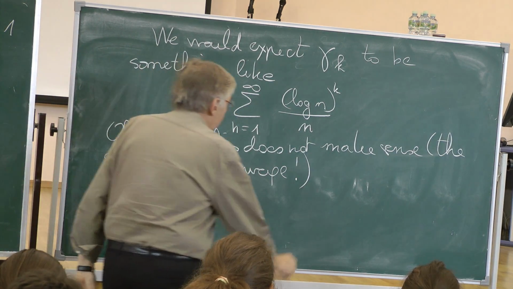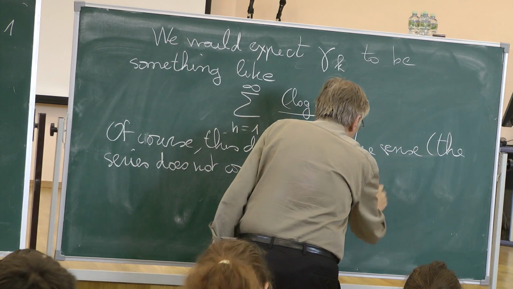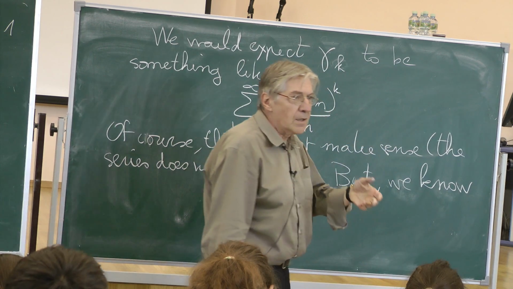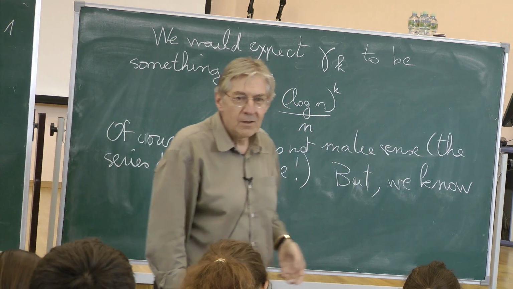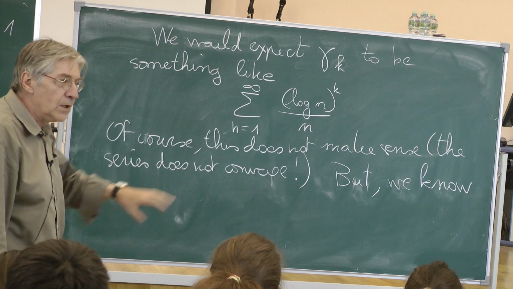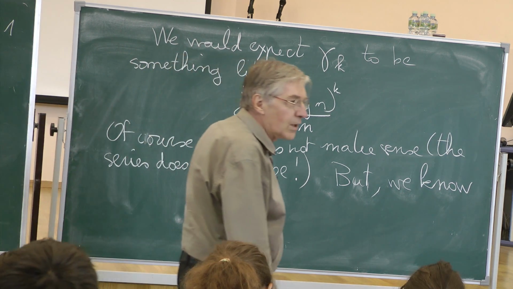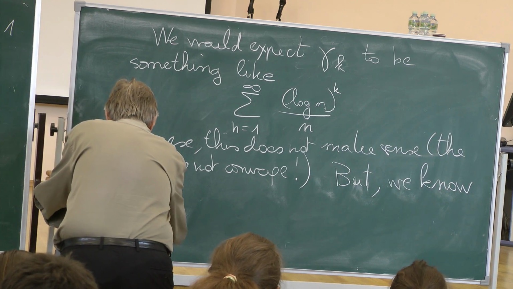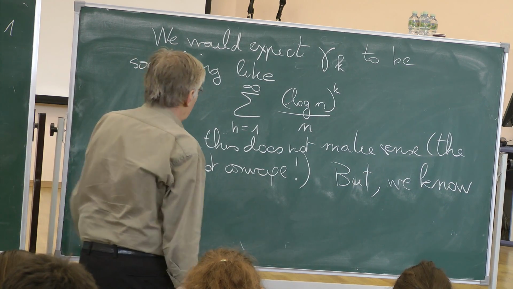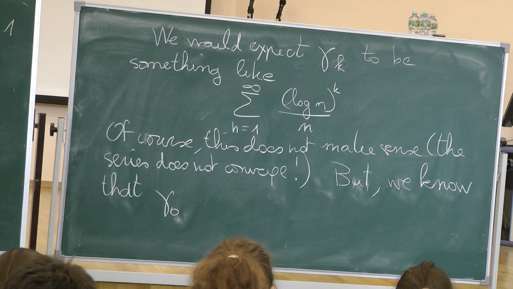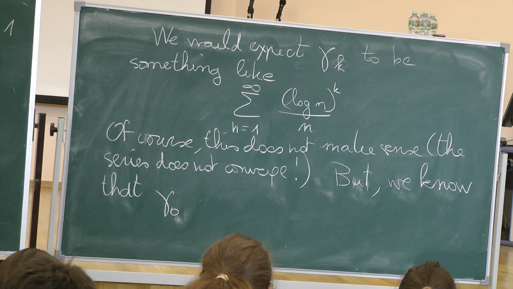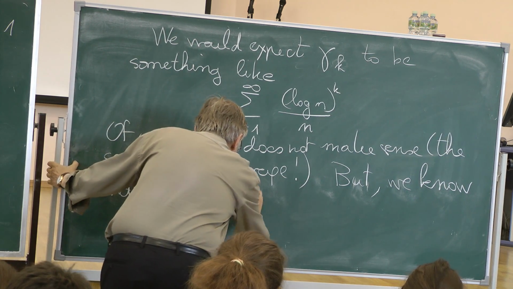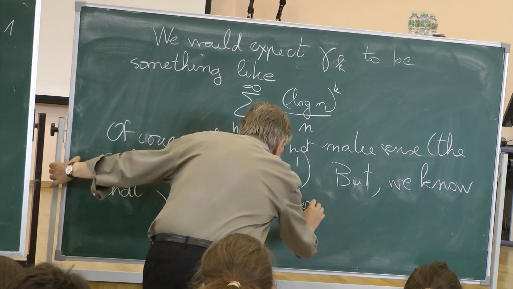But we know from an exercise that I think has been done in the seminar yesterday evening, and we will prove it again today, that gamma 0, the constant which just appears after 1 over s minus 1, is the Euler constant.